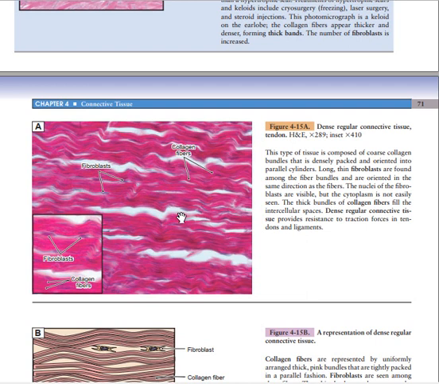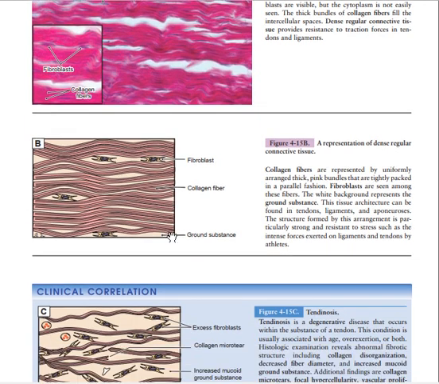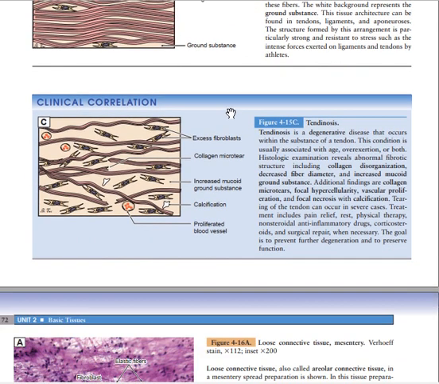The fibroblasts are also aligned in a parallel direction. Here down here is the ground substance. This is a representation of dense regular connective tissue, with the ground substance, the collagen fiber, and the fibroblast.